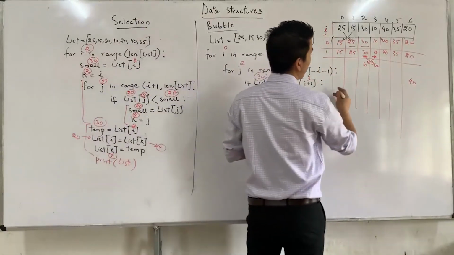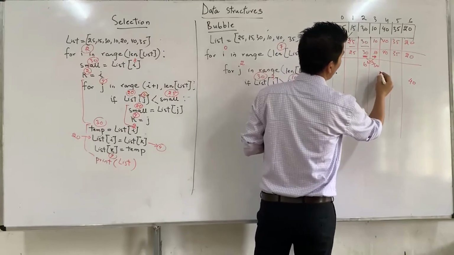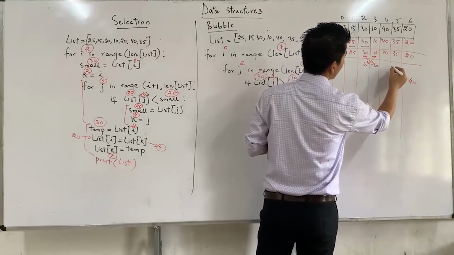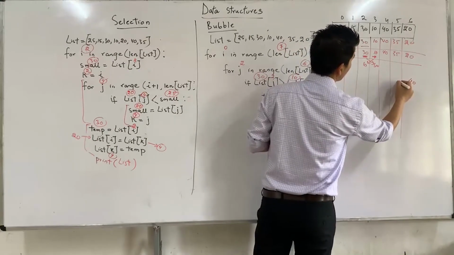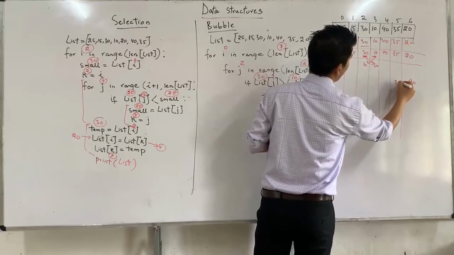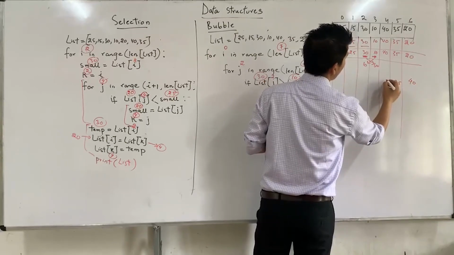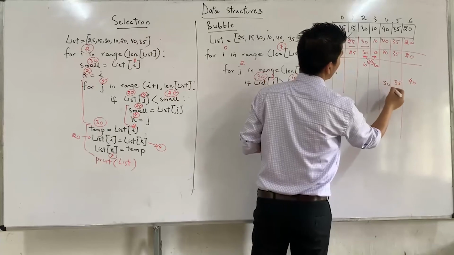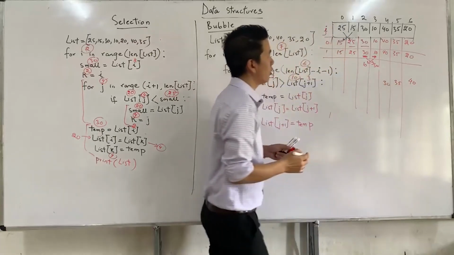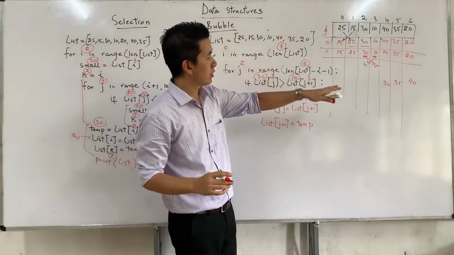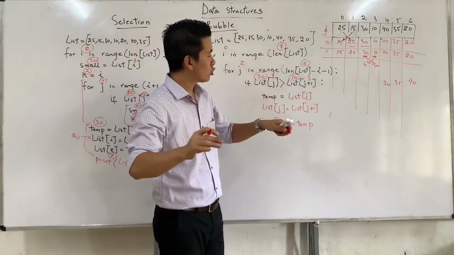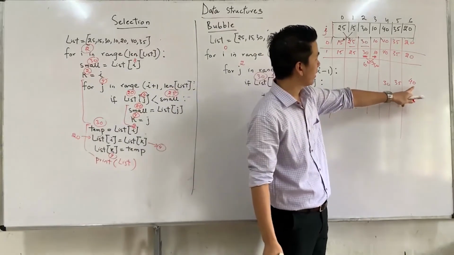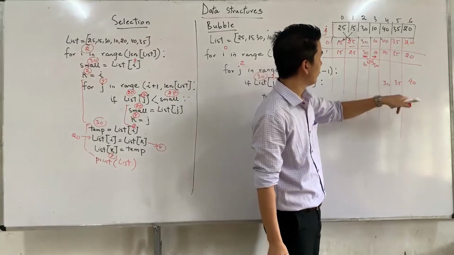You'll have some random numbers, but what is assured is the 40 will be at the last.